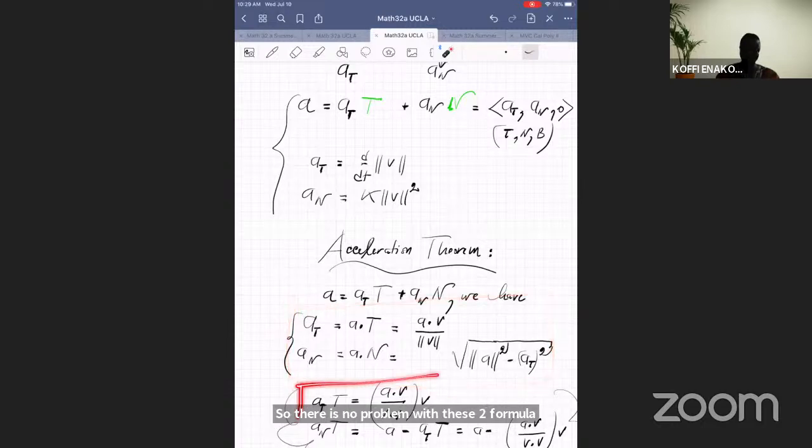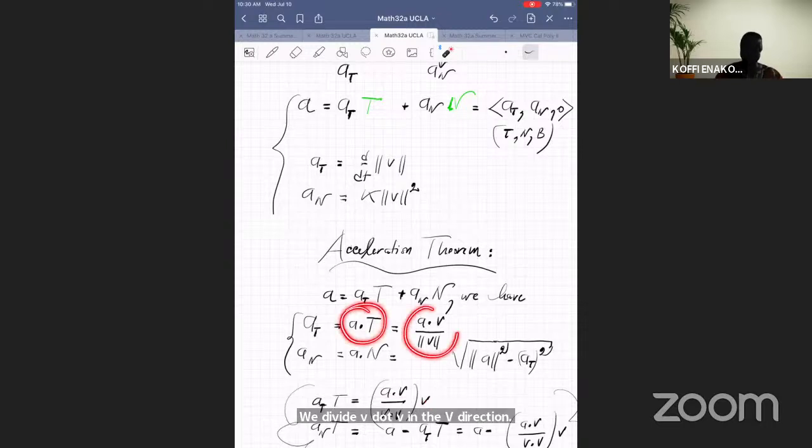So this one we can also prove. It's not difficult. All we have over here is A_T in the T direction, and the claim is it is A dot V divided by V dot V in the V direction. But we need to prove that this term is exactly equal to this.